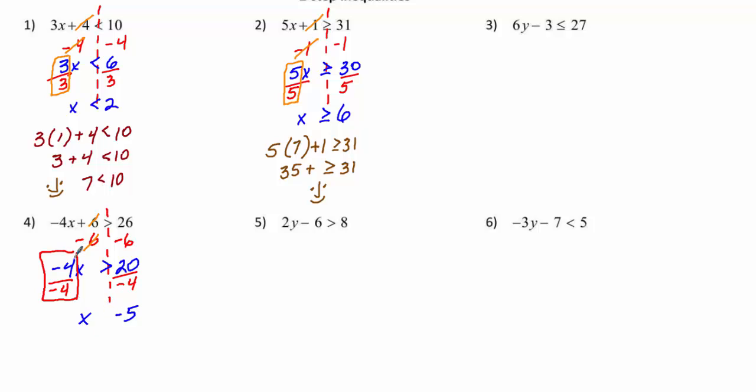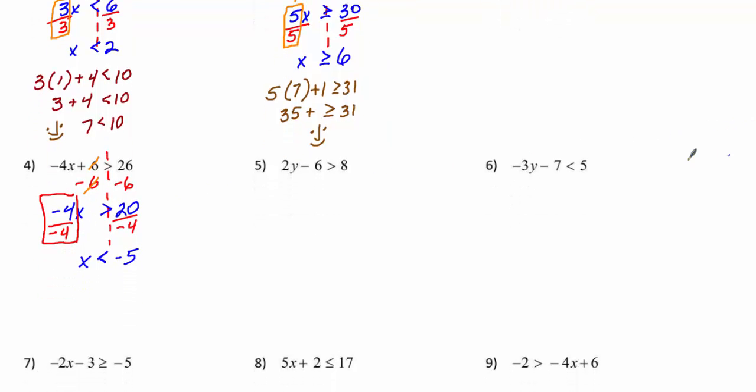Here's what happens, though. If you're dividing by a negative, this is going to change directions. Anytime you divide or multiply by a negative, it changes directions. And I'll prove that to you with my check. So I said x has to be less than negative 5. A number less than negative 5 would be negative 6, so I'm going to do my check with negative 6.